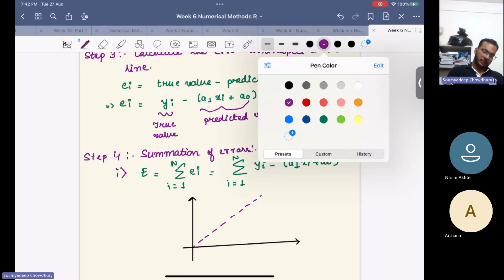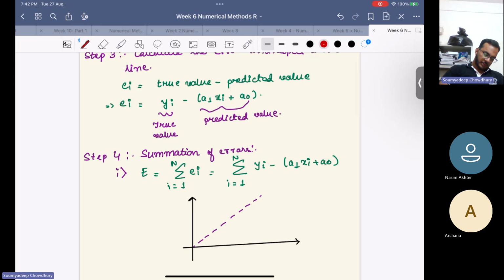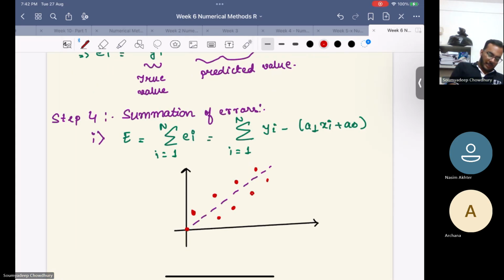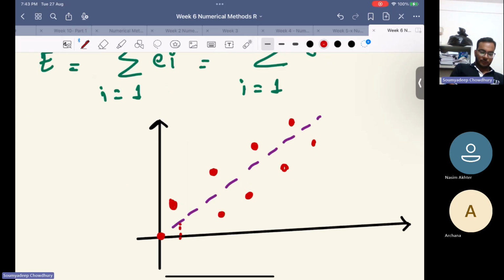Suppose your data points are like this. I've zoomed in.